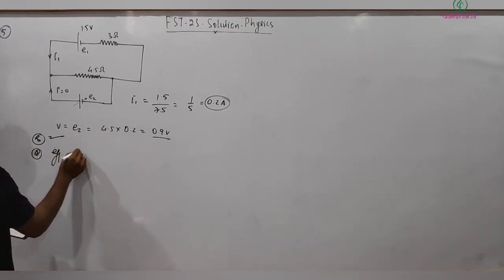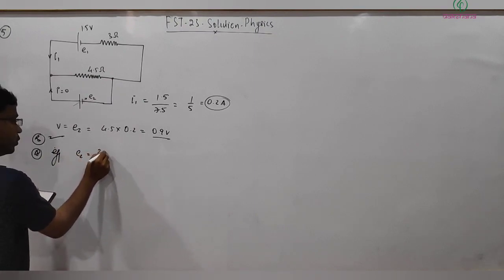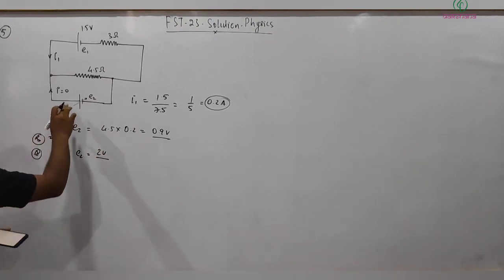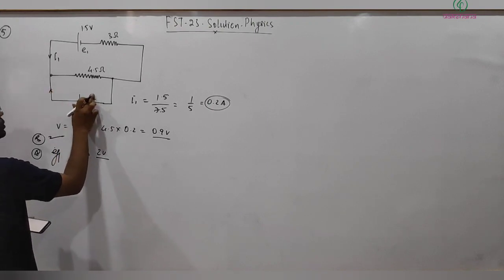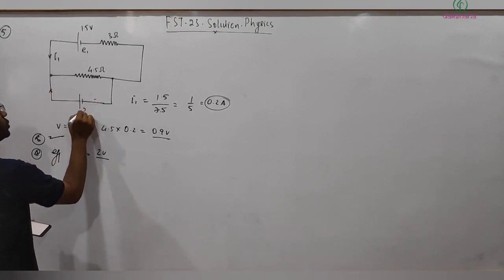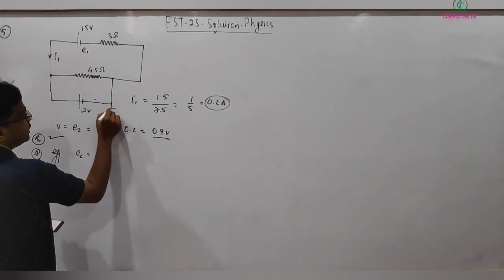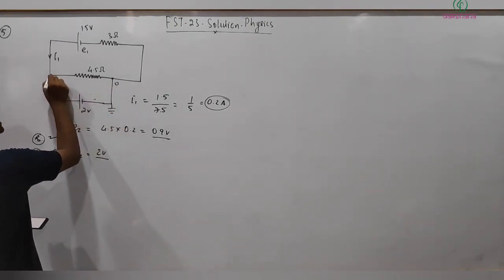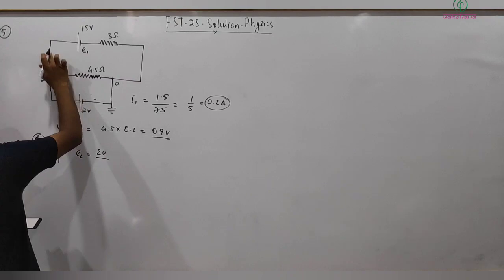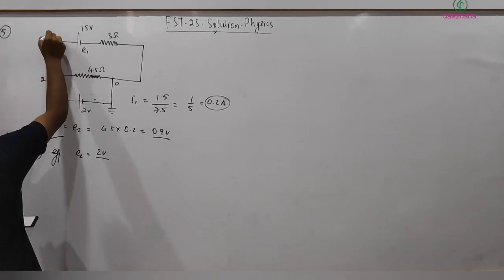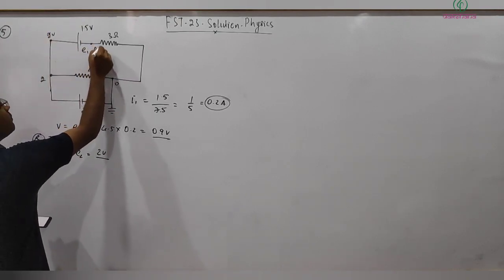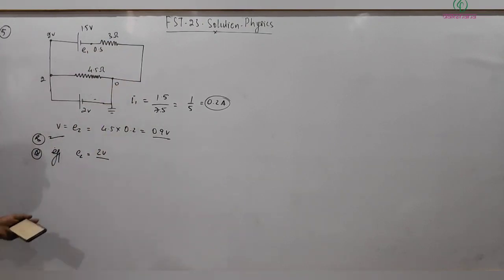If E2 is 2 volt, in that situation what will happen actually? Let me just ground this potential, here it's 0, so here potential will be 2 volt, and here it will be like 0.5, so some current will be flowing in this direction.